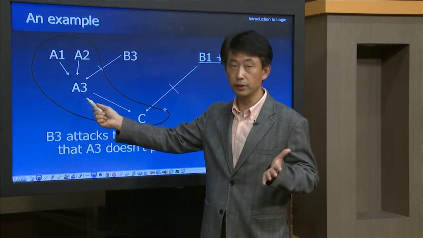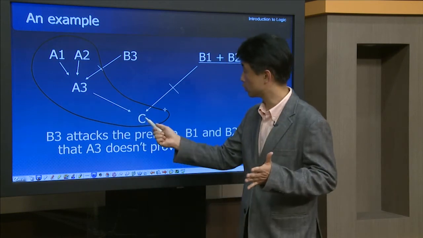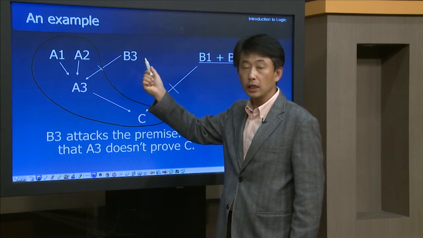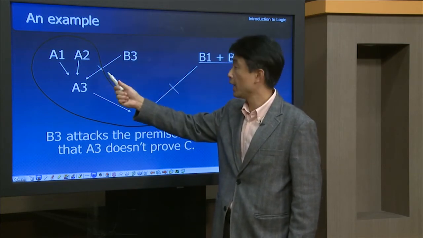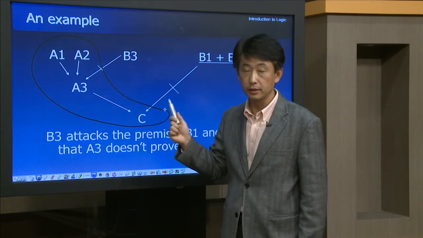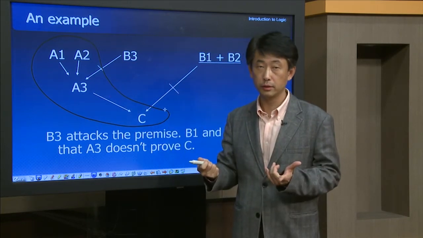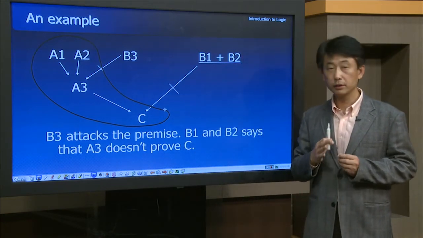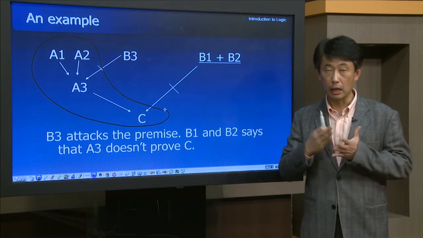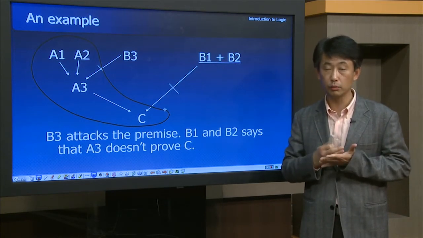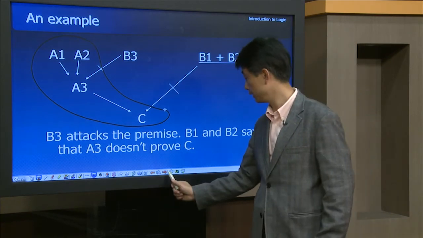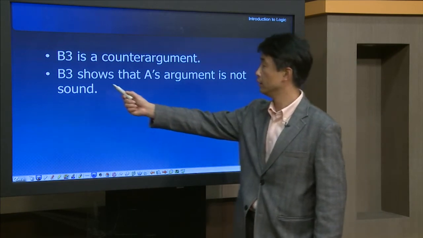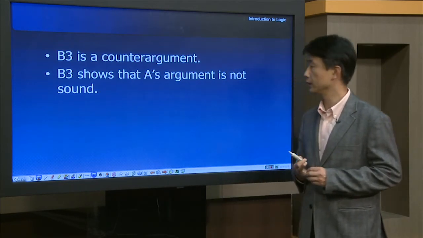A3 was your premise to support C. So if B3 is an adequate reason to think that A3 is not the case, then one of your premises is not true. Remember the definition of soundness? A sound argument is a valid argument with all true premises, right? So B3 shows that A's argument is not sound.